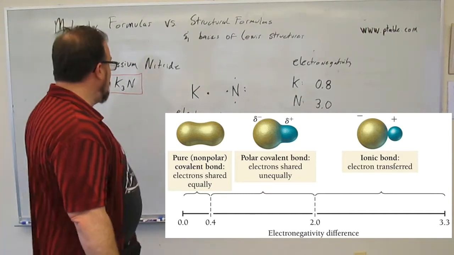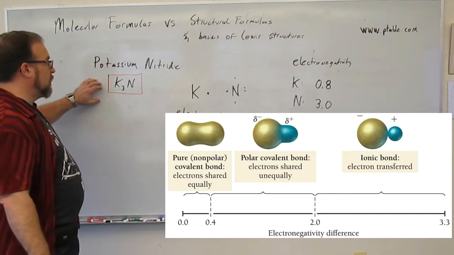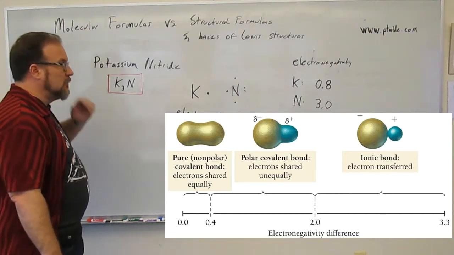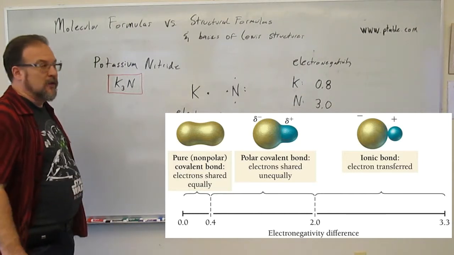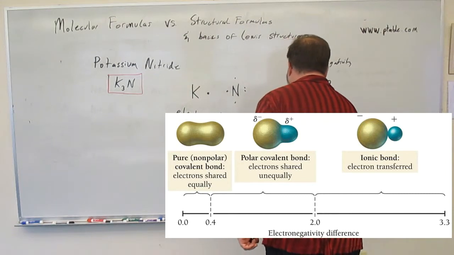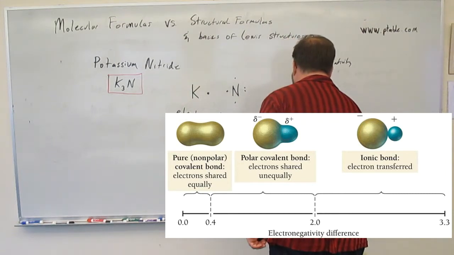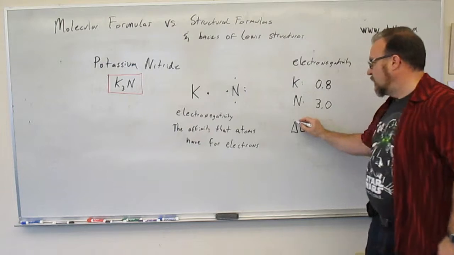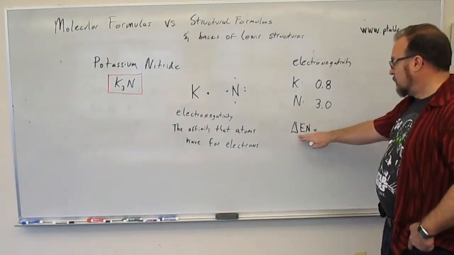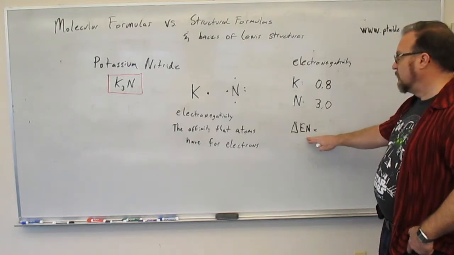When you have a molecular formula like potassium nitride, and you look up the electronegativity values, you have to know the delta EN. Delta, whenever you use delta in engineering or science, that means the change or the difference.